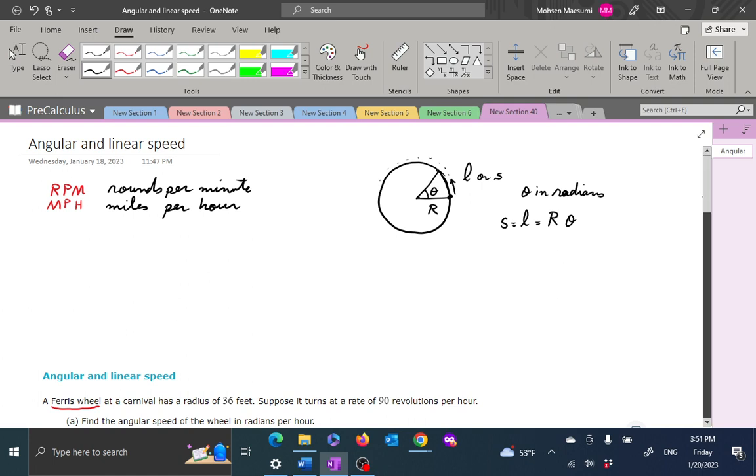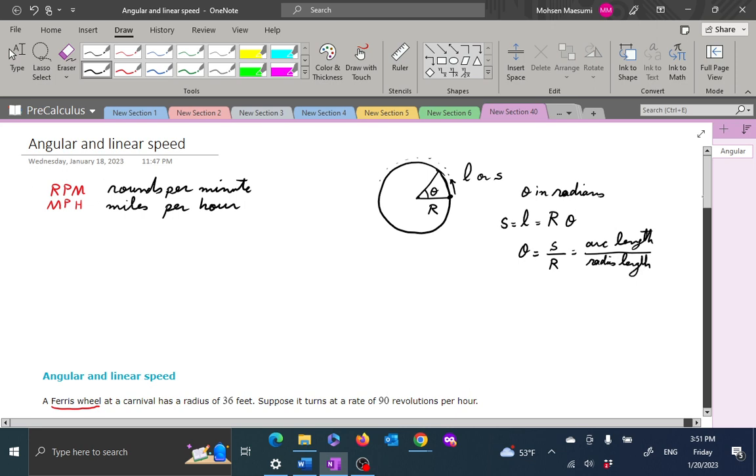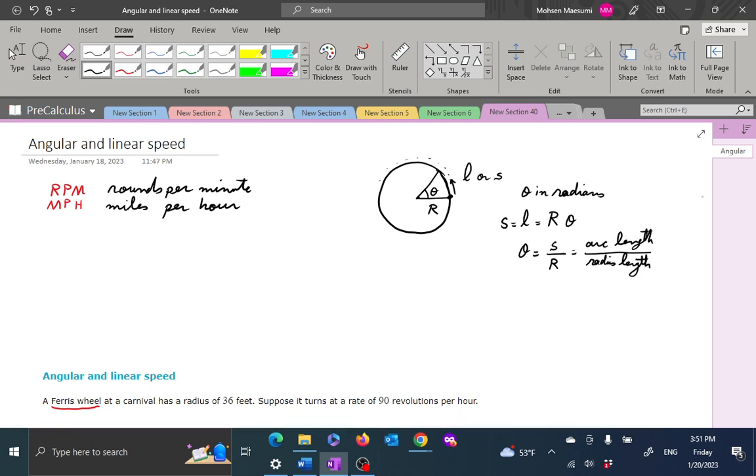You can think about the angle itself as the arc length, let's say arc length S, divided by the radius R. So this is the arc length, and this is the radius length. You notice numerator and denominator are both measurements of length.